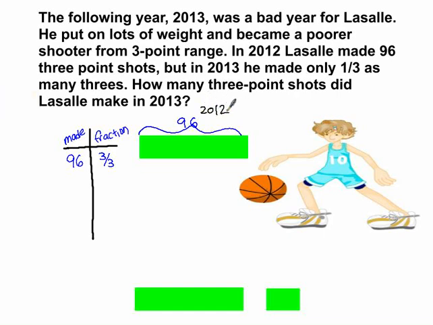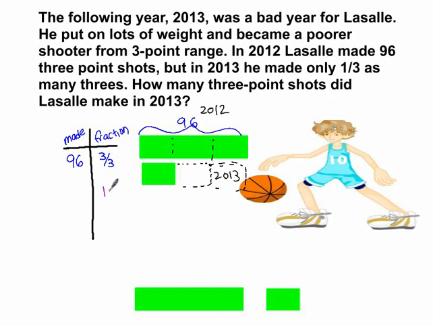Now, the following year, in 2013, he made only 1/3 as many the number of shots. So if we're going to see this representation, that would look something like this, because we would have 2/3, and then we would have 3/3. So he's only one of these three parts. So to find out what 1/3 is, I'm going to put this in the table.